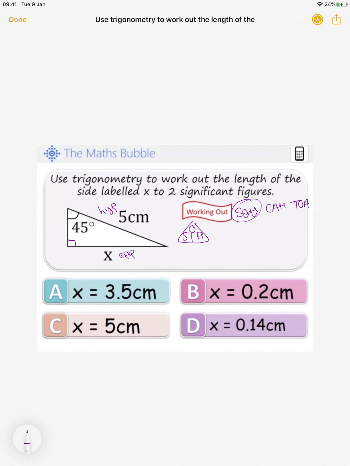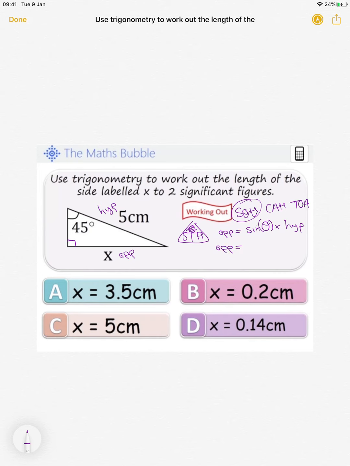I'm trying to find my opposite, so I'll cover up the O, and so I'll just scribble it out there. So that tells me I need to do sine of the angle times the hypotenuse. So opposite equals sine of the angle times hypotenuse.